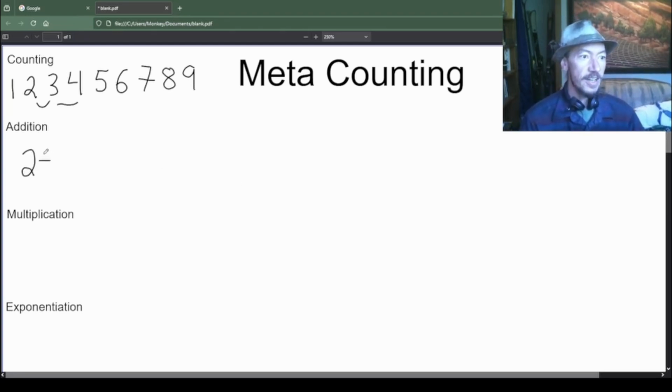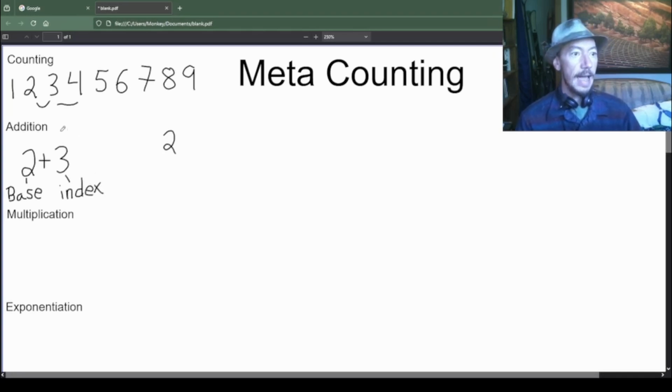Addition is actually defined as repeated steps of counting. So what do I mean by that? We have these two numbers here. We're going to call the first one the base, which just means this is where I start. So I start at 2. And then the second number we call the index. And this is telling us how many times to do the previous operation.